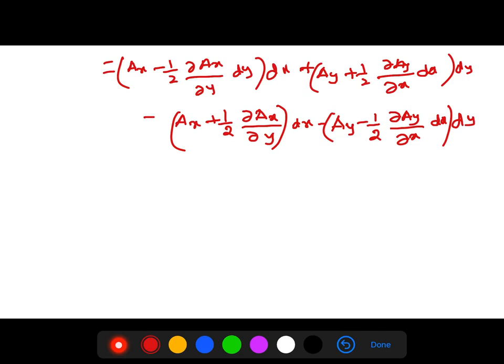The last two line integrals are taken as negative because the components of the vectors are in opposite directions. Now this Ay and this Ay cancel out, and this Ax and this Ax cancel out.